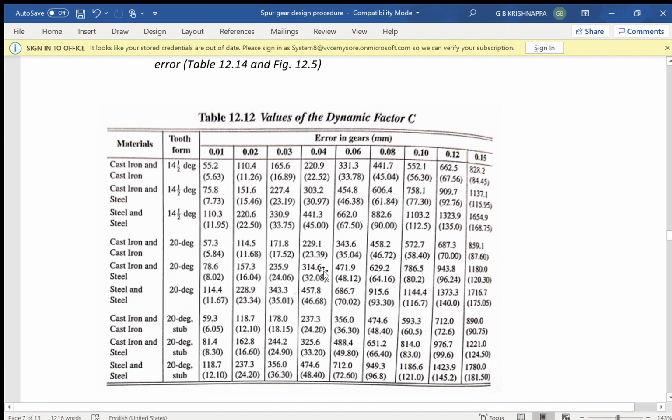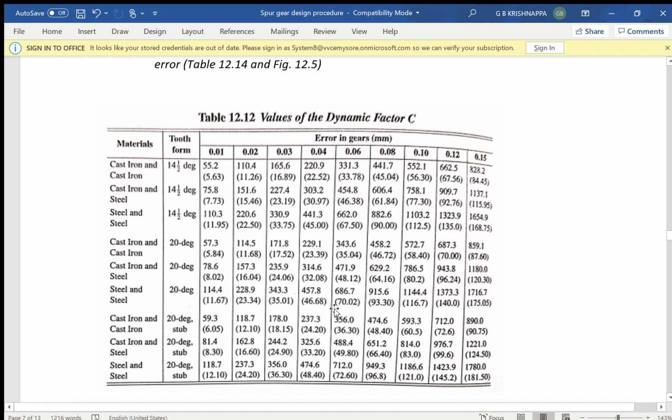Then for 0.05 mm, we can have 314.6 into 0.05 divided by 0.04, which gives you the value lying between 0.04 and 0.06, that is the C value for 0.05 mm.